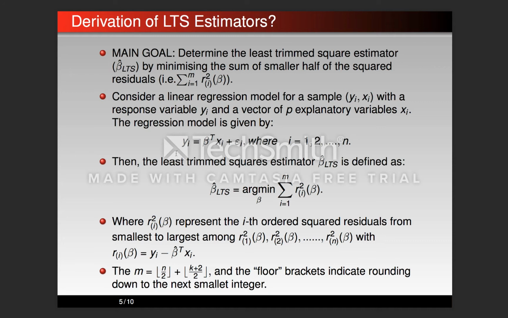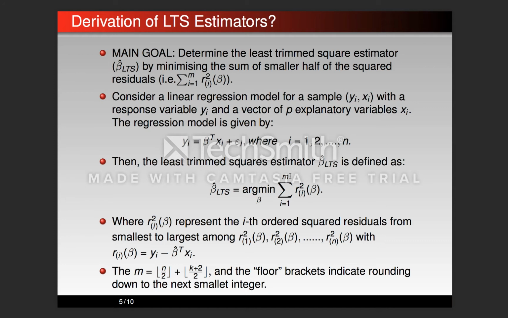Then the least trimmed squares estimator for that model is given by beta hat LTS, which equals argmin of the sum from i equals 1 to m of r squared i of beta, where r squared i of beta represents the ith ordered squared residual from smallest to largest among r1 squared to rn squared, and ri of beta is calculated as yi minus beta transpose xi.